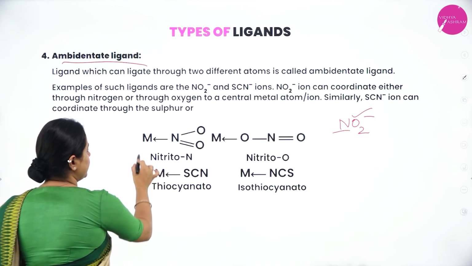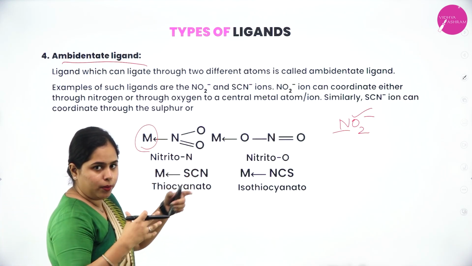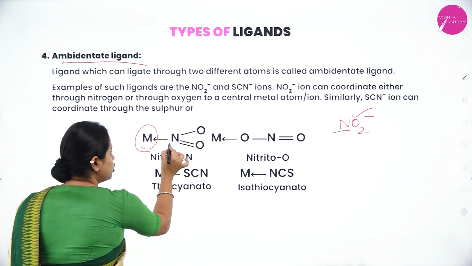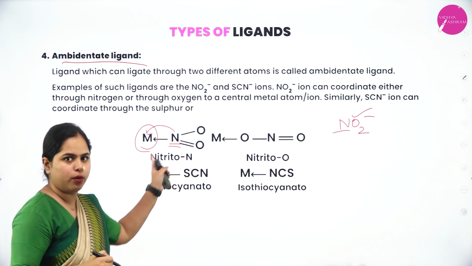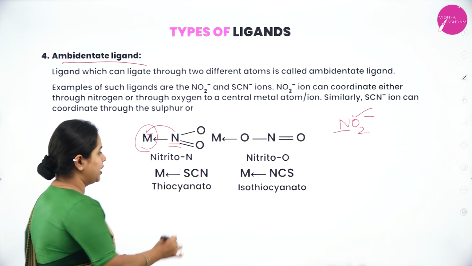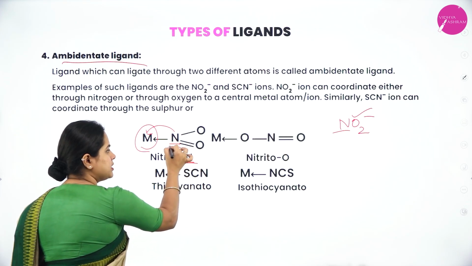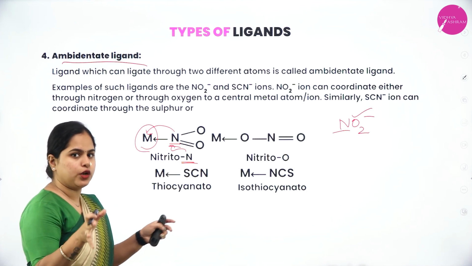As you can see here, this is your central metal atom. NO2 is forming a bond with the central metal atom through the nitrogen atom. So this nitrogen atom and the metal ion are forming a bond here. Then it is called nitrito-N. Nitrito-N means that the metal ion is forming a bond with the nitrogen atom of NO2 minus.